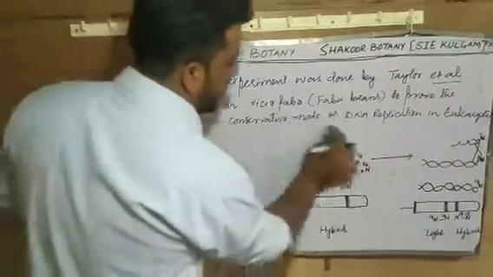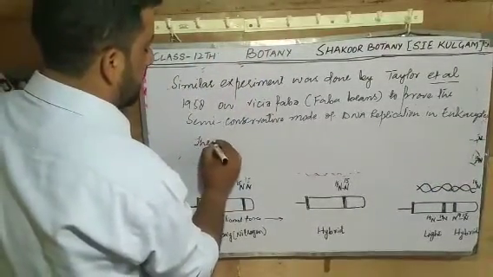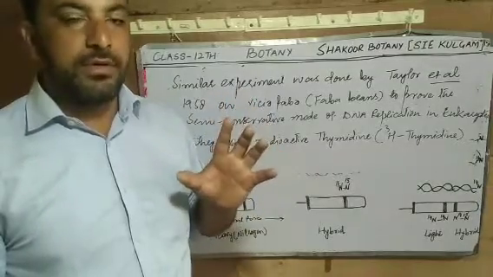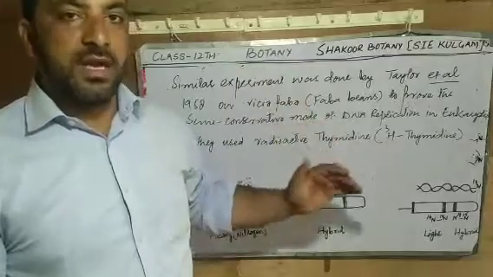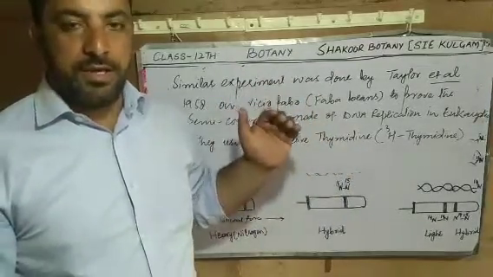And they used a mode of DNA replication in case of eukaryotes is also, they also got similar results as were obtained by Meselson and Stahl in their experiments.